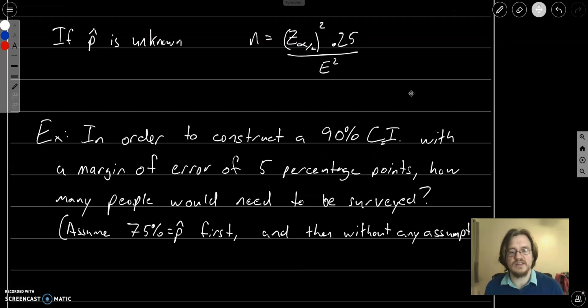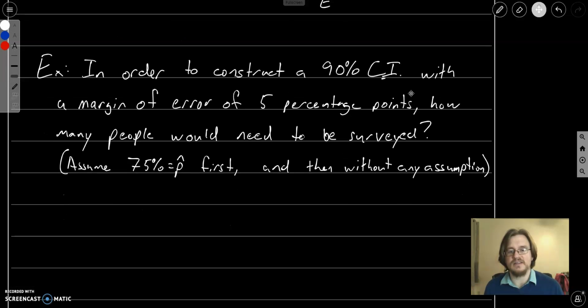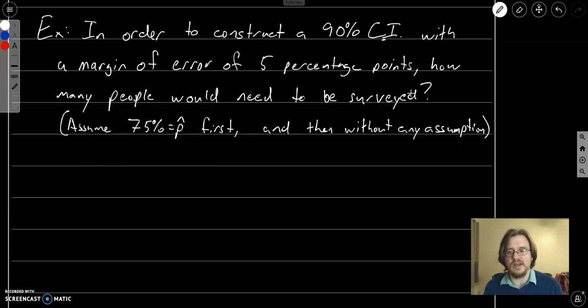In order to construct a 90% confidence interval with a margin of error of 5 percentage points, how many people would need to be surveyed? Okay. So again, we want to calculate how big of a sample size we would need here. So we want to calculate n.